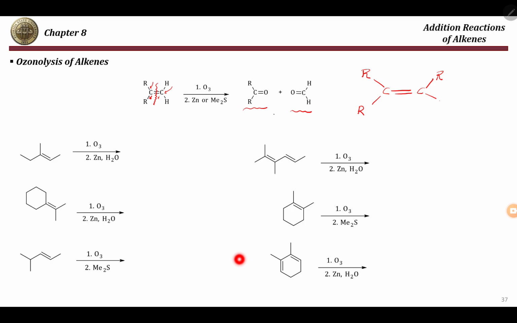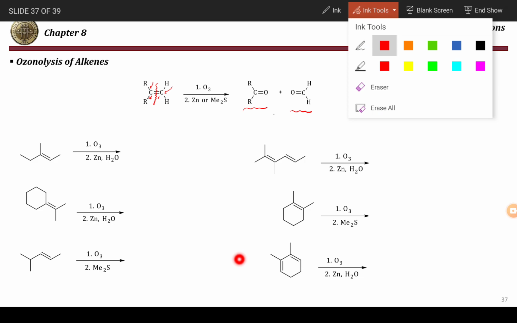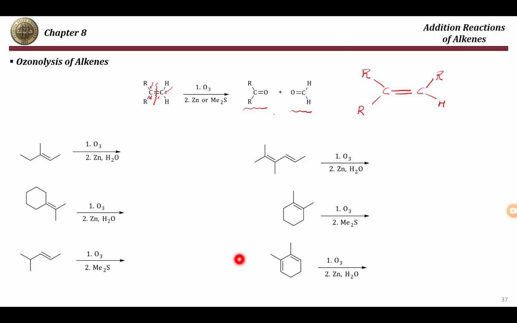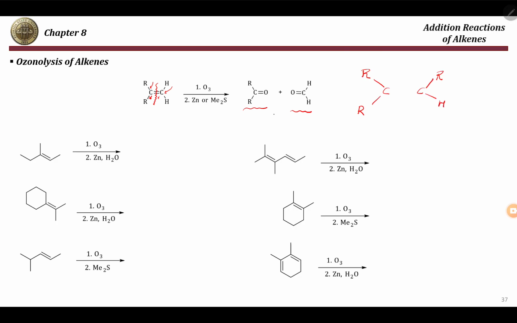If I want to draw the ozonolysis reaction, I would just erase the double bond, and then I have two separate fragments now. I will just add double bond O to this fragment and double bond O to this fragment, and that's it. This is how we end up getting the two fragments.